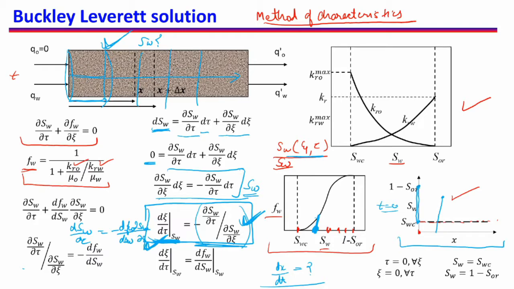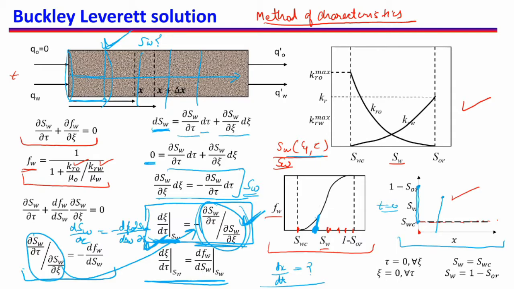So now I will bring del Sw by del xi to the denominator, so that gives me this equation: del Sw by del tau divided by del Sw by del xi is equal to minus dfw by dSw. Now this quantity I can substitute here. This is the same quantity, so I will make this substitution, and then using this I will get the velocity of the particular saturation, which is given by dfw by dSw.